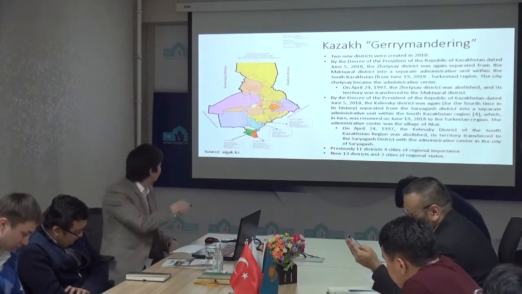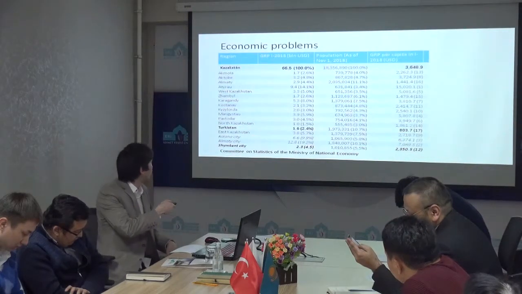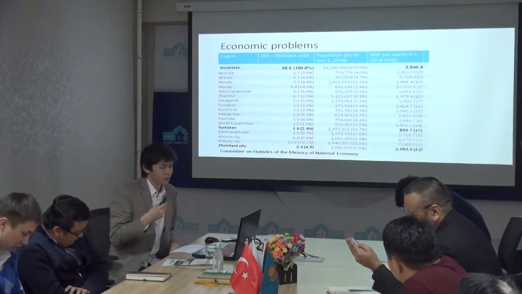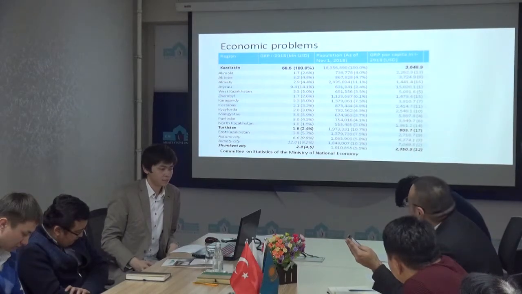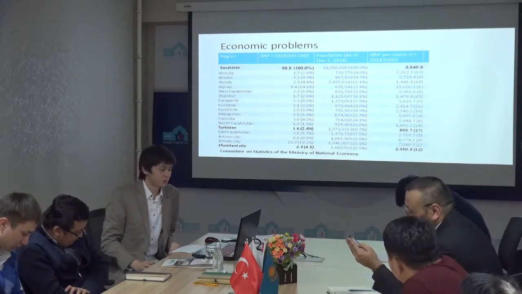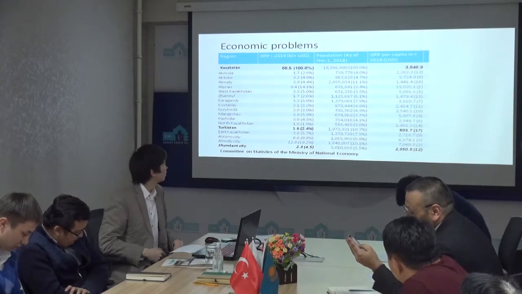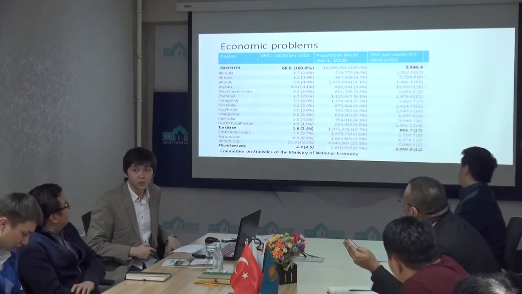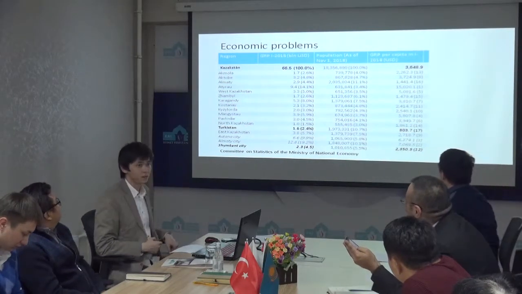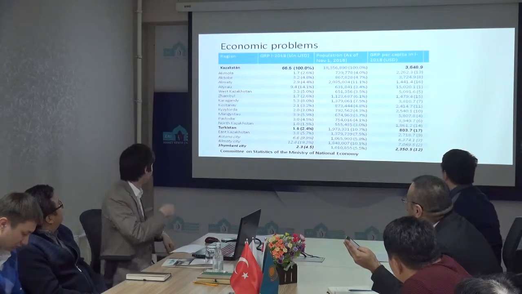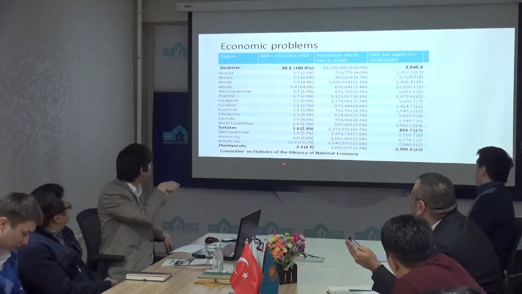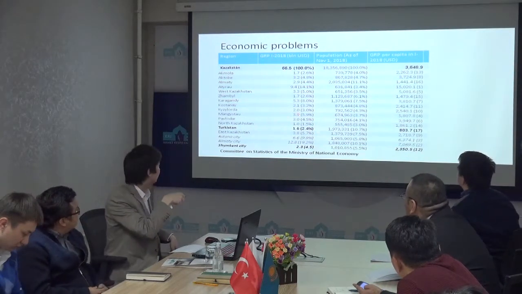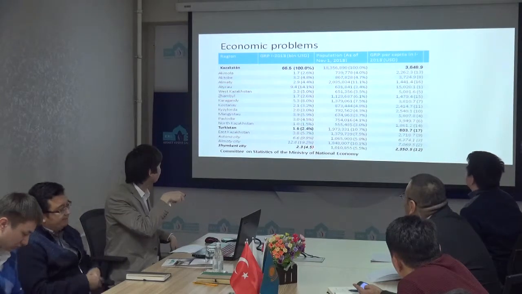In overall terms, South Kazakhstan is very underdeveloped in economic terms. You can see here that GRP is the gross regional product, analogous to GDP. Shymkent city has only about 4.5% of the GRP.